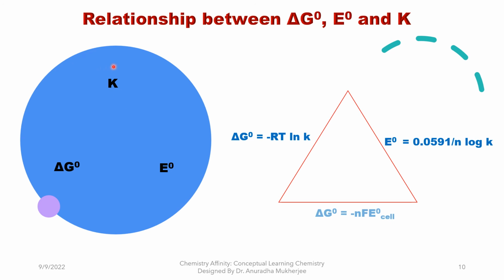Now if we connect Gibbs free energy, electrode potential and equilibrium constant, we get a triangle like this.